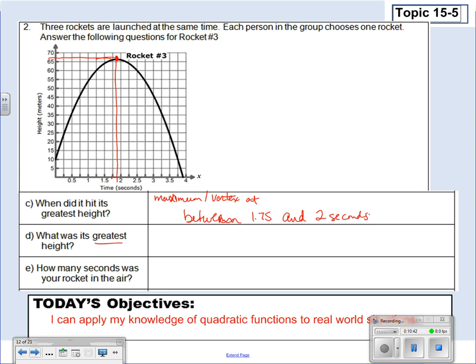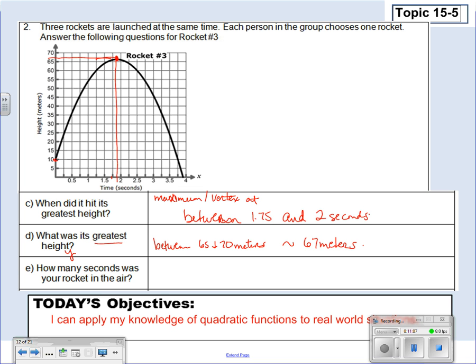What is its greatest height? That greatest height is, again, between 65 and 70 meters. This is talking about a y, and so we're going to approximate that at about 67 meters. How many seconds was the rocket in the air?